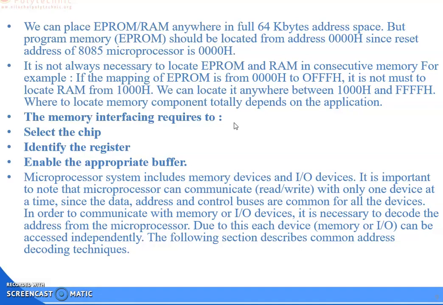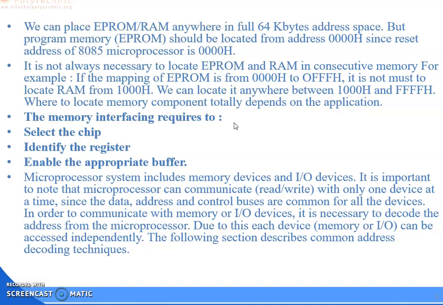It is important to note that the microprocessor can communicate, that is read or write, with only one device at a time since the data, address and control buses are common for all the devices. In order to communicate with memory or I/O devices, it is necessary to decode the address from the microprocessor. Due to this, each device, that is memory device and input output device, can be accessed independently.